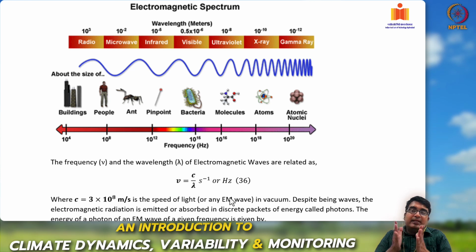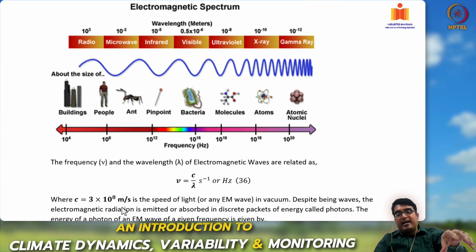And as wavelengths become shorter, the frequency becomes higher, because for all electromagnetic waves in vacuum, the velocity is constant. And the velocity of all electromagnetic waves in vacuum is the velocity of light c, which is 3 into 10 to the power 8 meters per second. So basically, velocity of the wave is wavelength into its frequency.